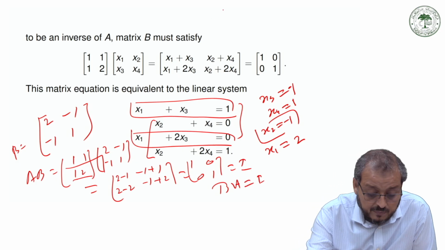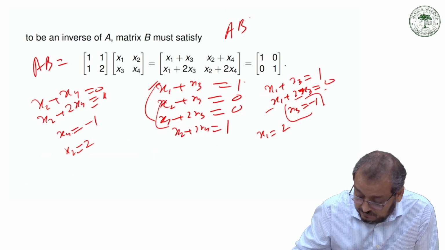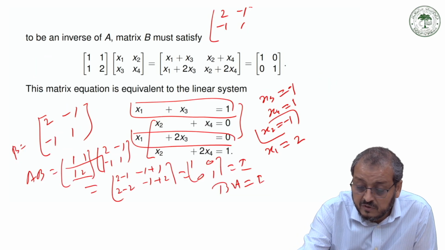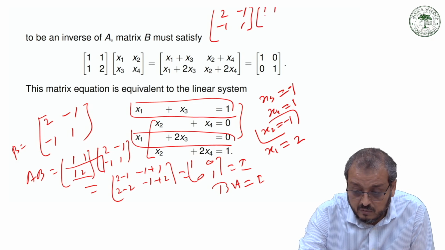B of A means we have the matrix B, which is 2, -1, -1, 1, into A, which is 1, 1, 1, 2.